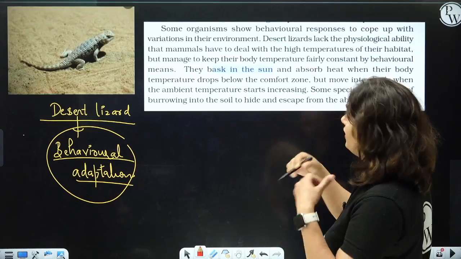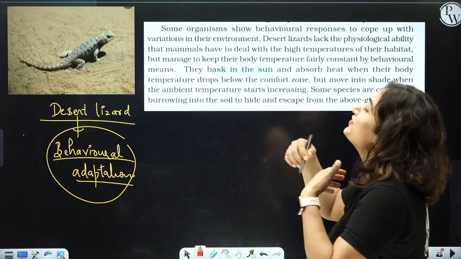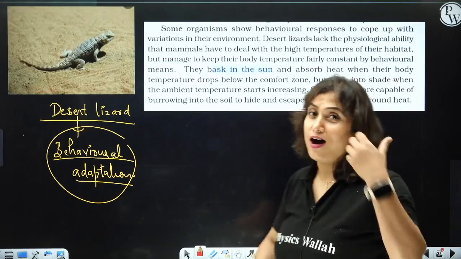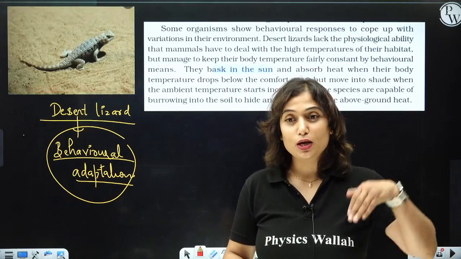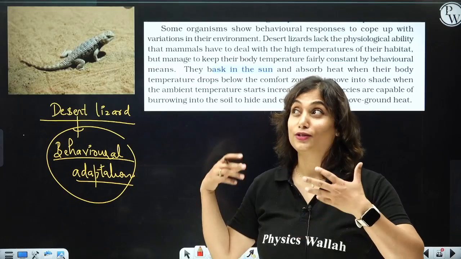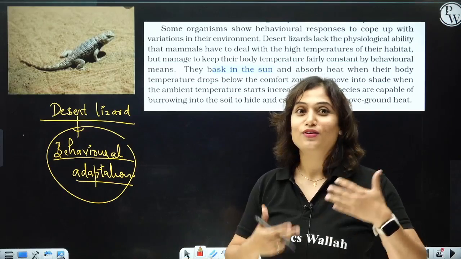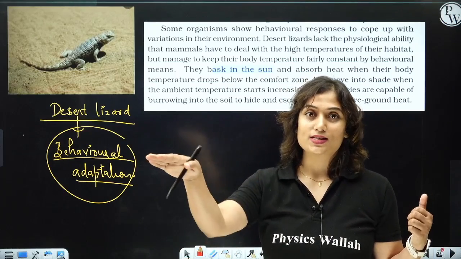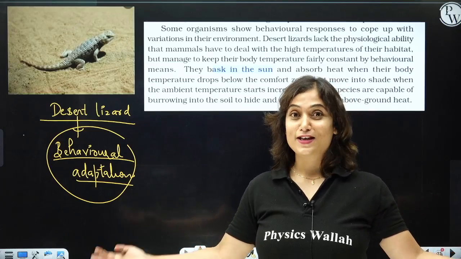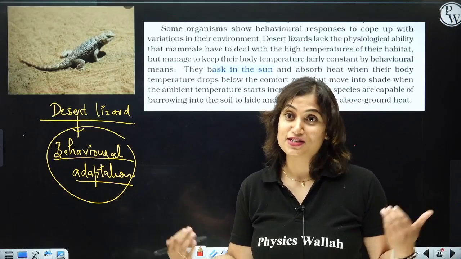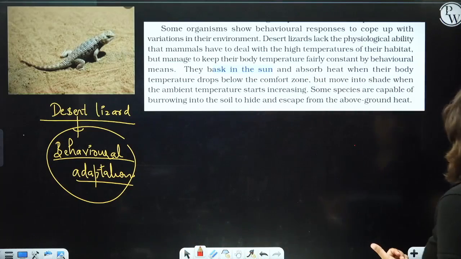If it finds that the temperature is very high outside, then it will go to the shady areas. And if the lizard finds that the temperature outside is low, then it will go outside and bask in the sun. So it changes its behavior according to the changing environment.